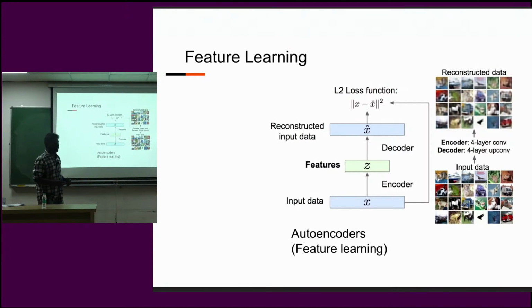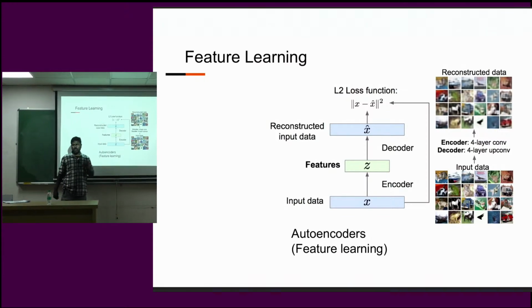It's a lossy kind of thing. Generally, the autoencoder is not used for generating images. The extension of this is the variational autoencoder. A variational autoencoder is used for generating new images.